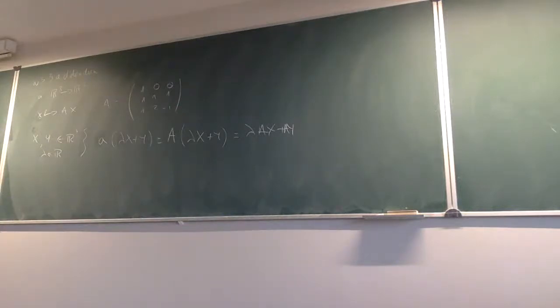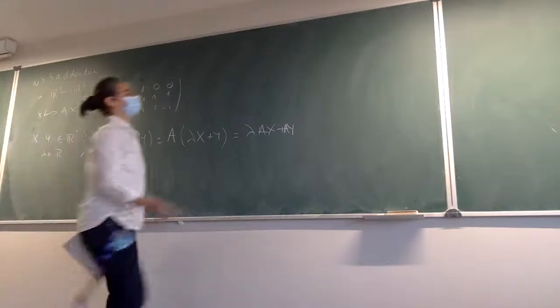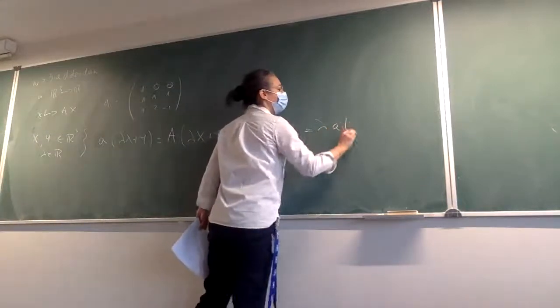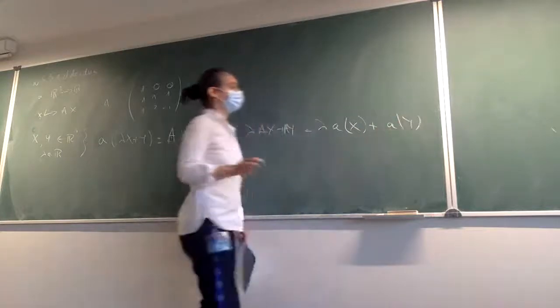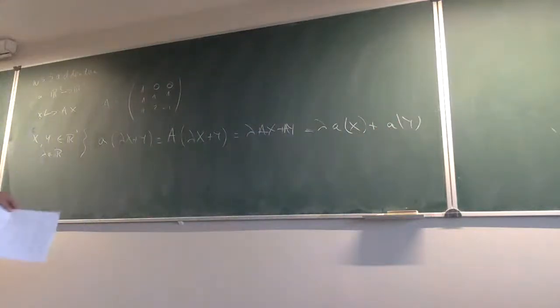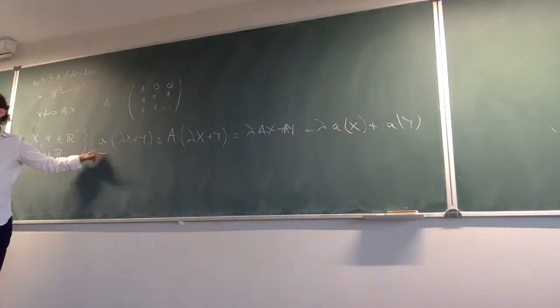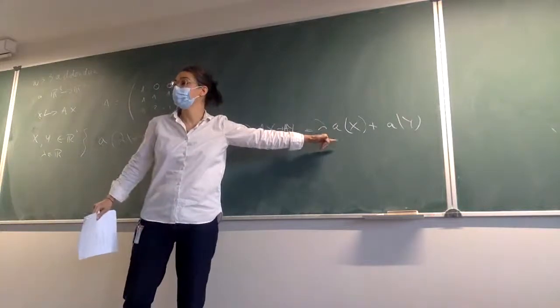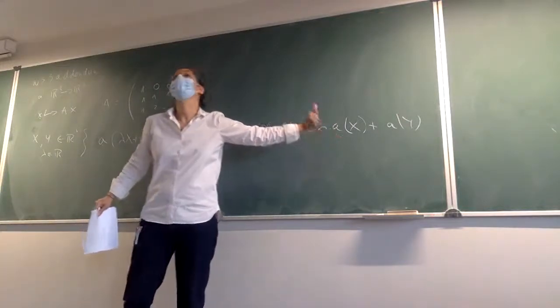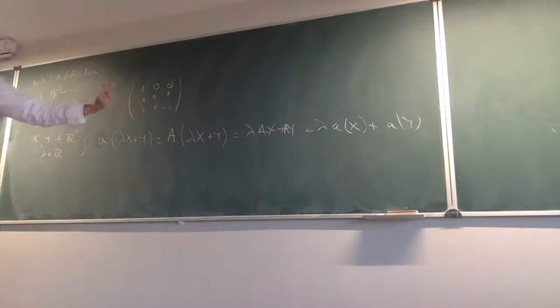So then we have that this is lambda a of x plus a of y, so indeed we have linearity. Okay, so I've done the proof here. The image of a linear combination is the linear combination of the images. But basically, if you have a matrix, you know it's linear.